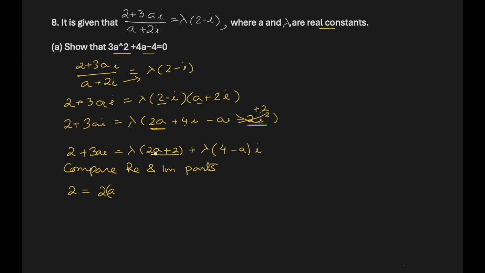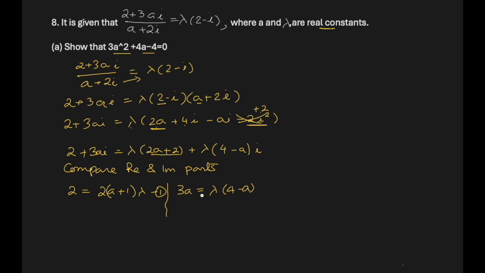Rather, let's take 2 common out of these two, so a plus 1 inside here, and we have lambda also. Okay, what about the second one? 3a equal to, I'm not writing i because both have i's, so λ(4 − a), and we are somewhere now.